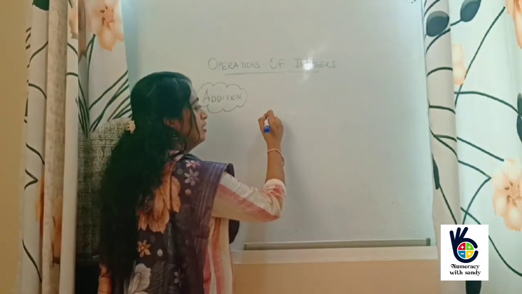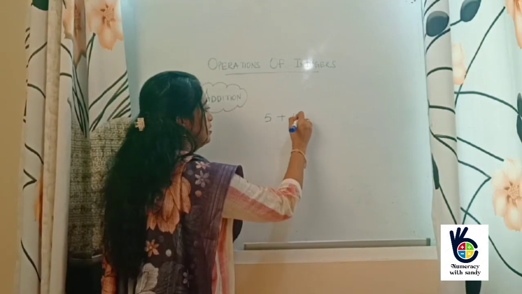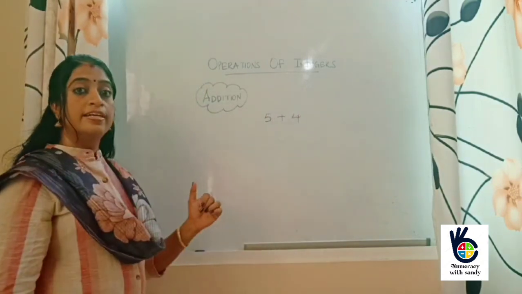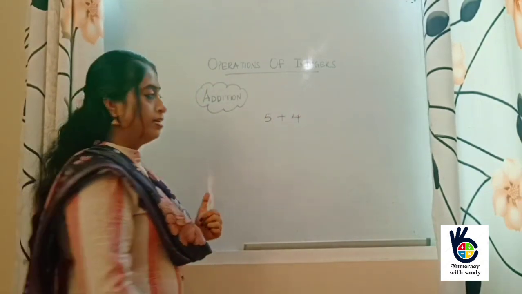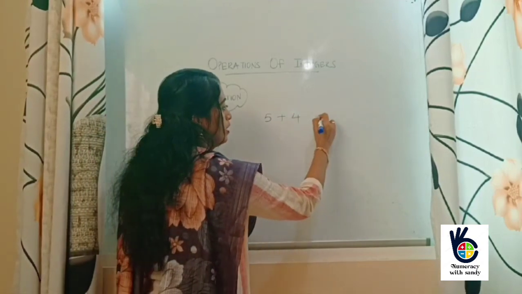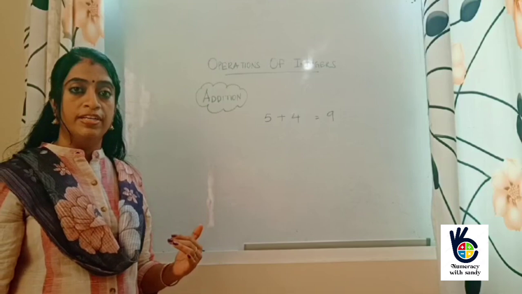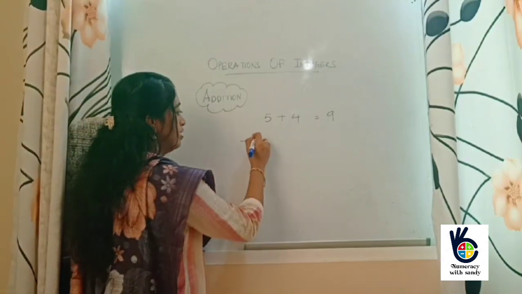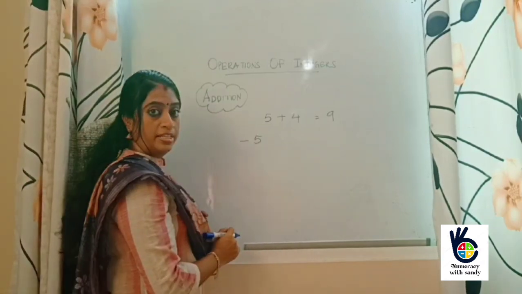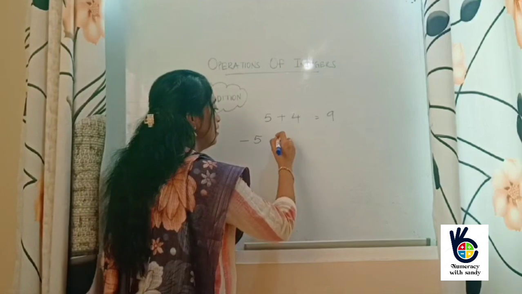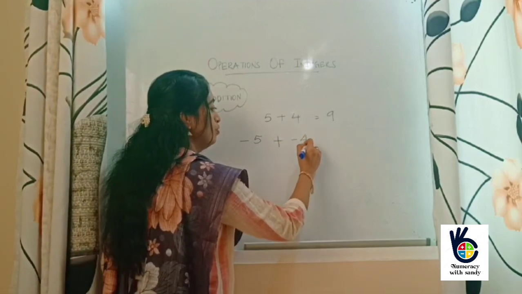When we are adding two positive integers, the result is always positive. So we know 5 plus 4 equals 9. But in the case of negative integers, let's take negative 5 added to negative 4.